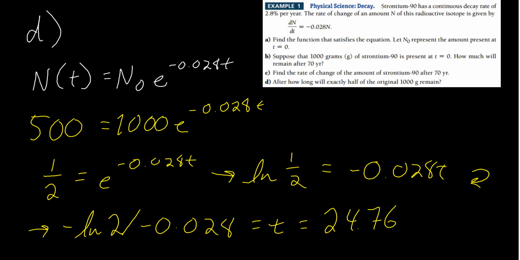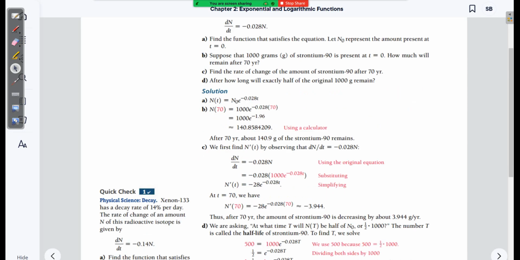Okay. So it'll take approximately 24.76 years to lose half of my isotopes. There we go. And I believe that's it. So that's A through D. And luckily, I'm pretty sure that one is the most tedious one, I think.